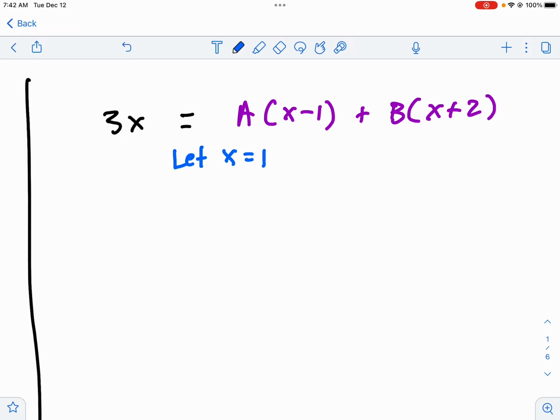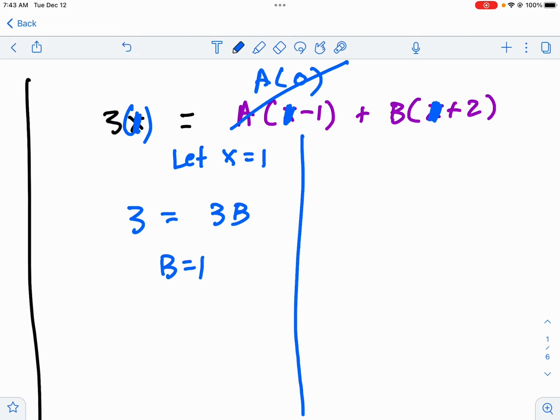You can choose any number you want, but the reason I'm choosing 1 is, if x is equal to 1, what you will see happen is this one is a times 0, therefore a is no longer there. So this is 3 is equal to b times 1 plus 2, that's 3b. So b is equal to 1. So I got my answer quickly.